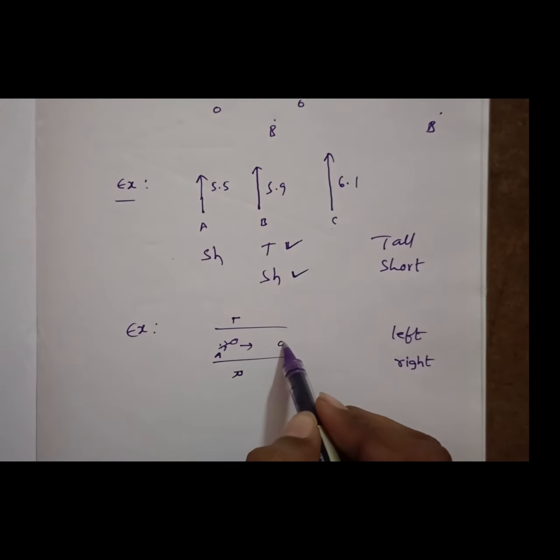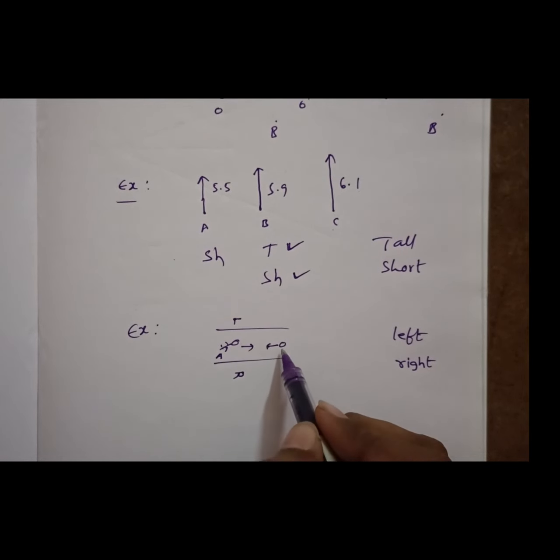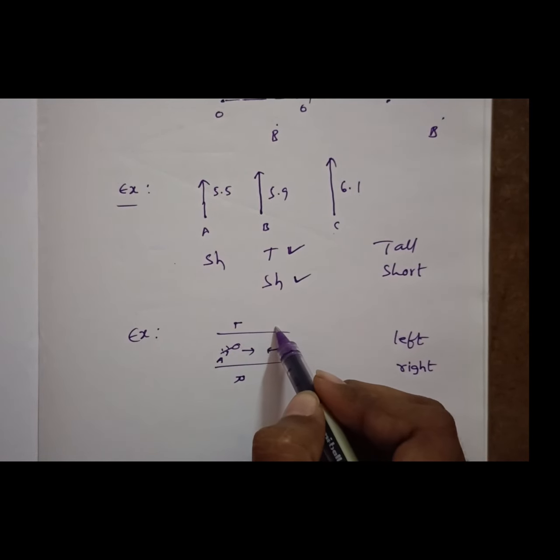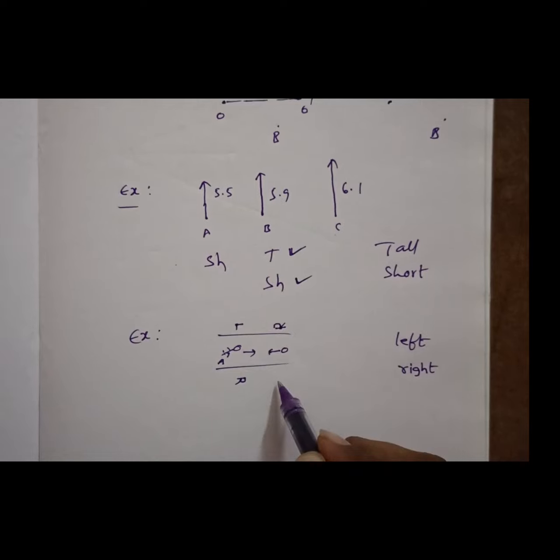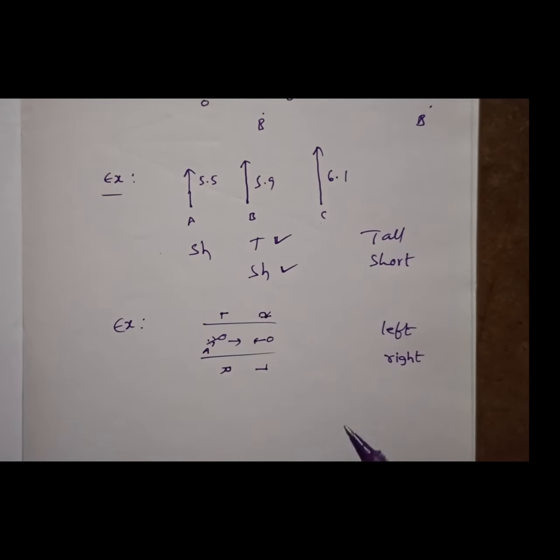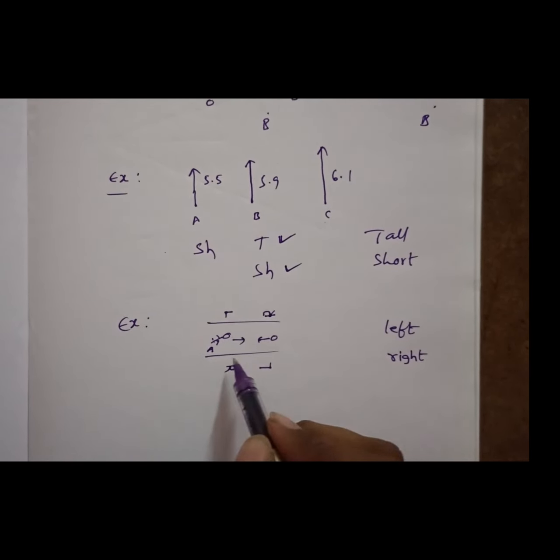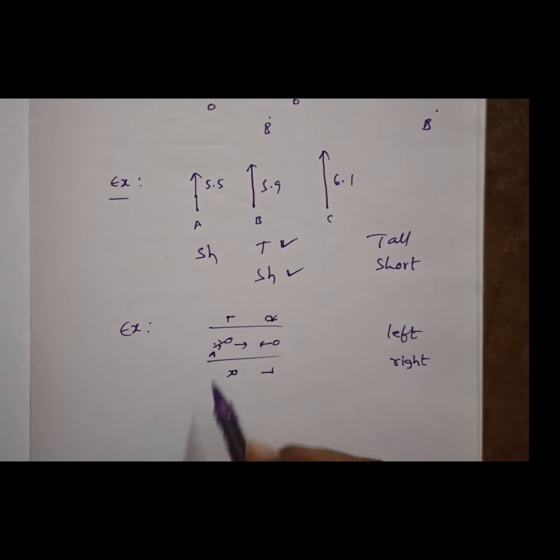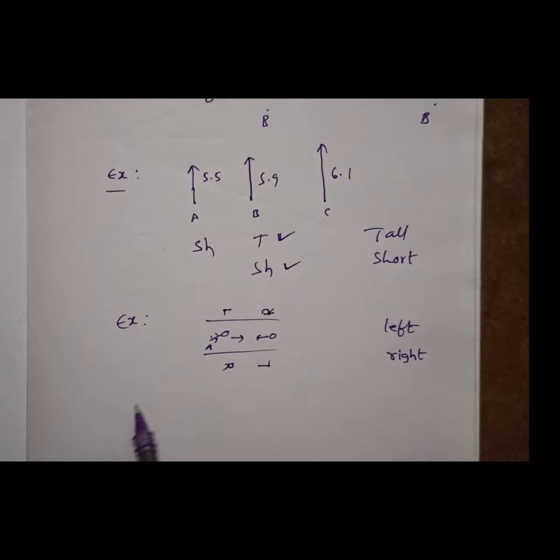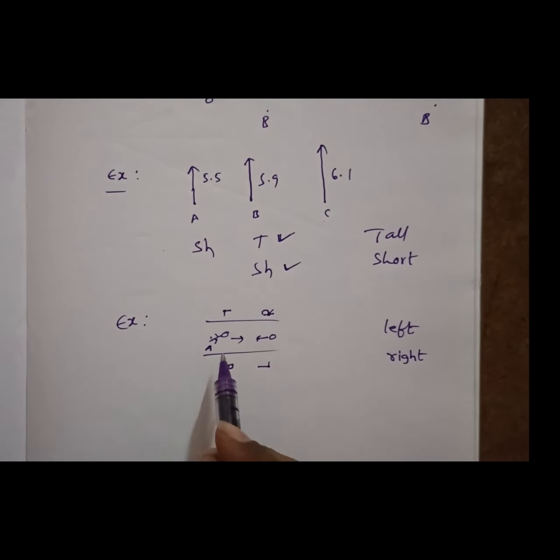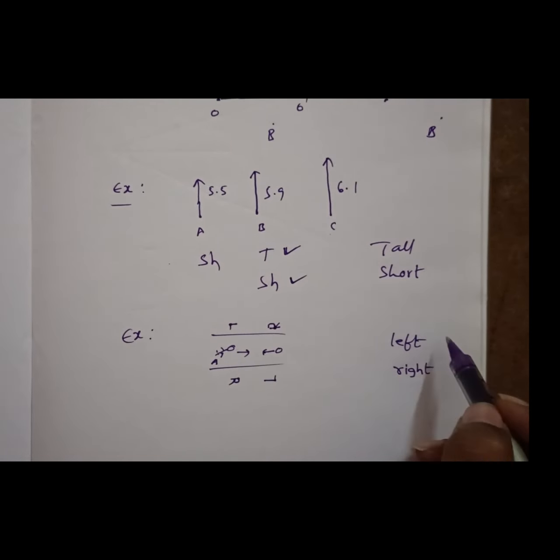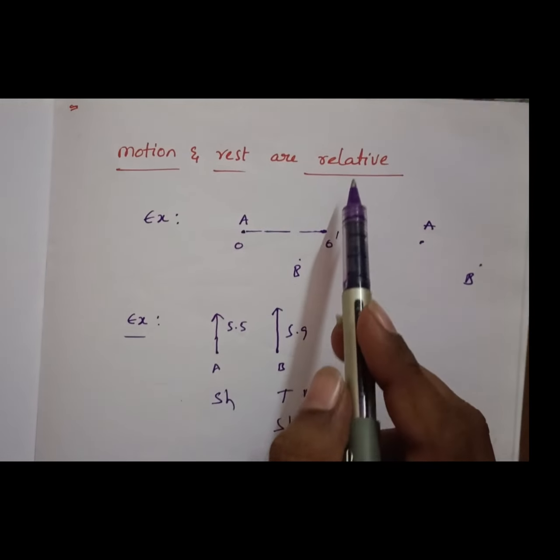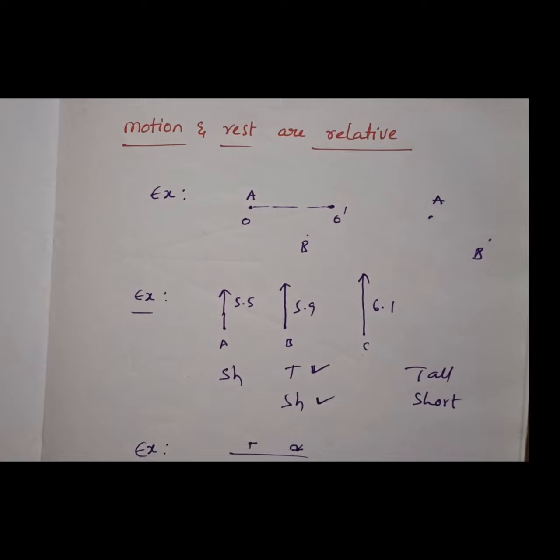Now another person is coming in the opposite direction. For this person this is right and this is left. So we can't say this is absolutely right or absolutely left. As the person changes position and direction of view, this also changes. Based on the situation, if it is changing, the terms are known as relative terms.